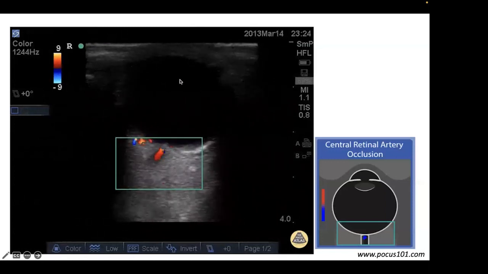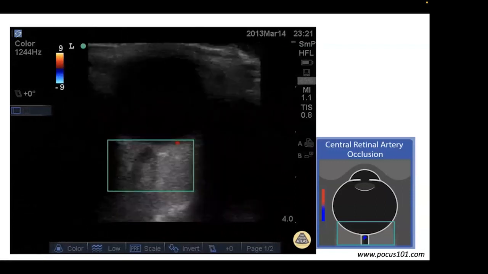So artery going towards the probe and then the vein coming away, as we can see both in this example here, as opposed to this example, which just shows the blue flow of venous blood without the red color of the arterial blood, again representing central retinal artery occlusion.